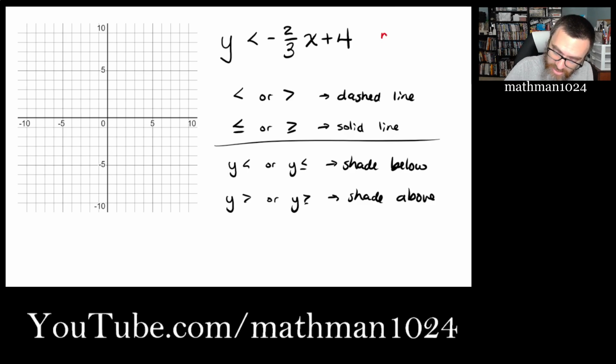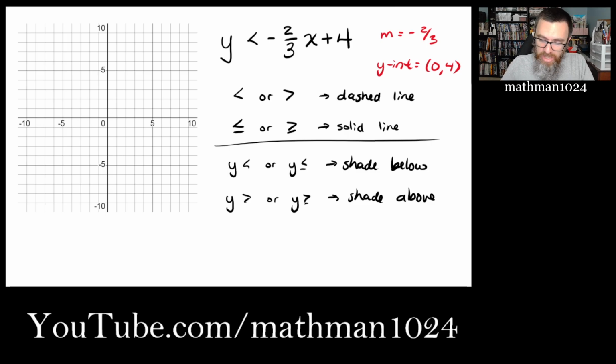We have a slope of negative 2/3 and a y-intercept of 0, 4. Okay, so shouldn't be too bad. So the y-intercept is 0, 4. Keep in mind, this is going to be a dashed line, and it's also going to be shaded below. So dashed line means we can't put solid points.